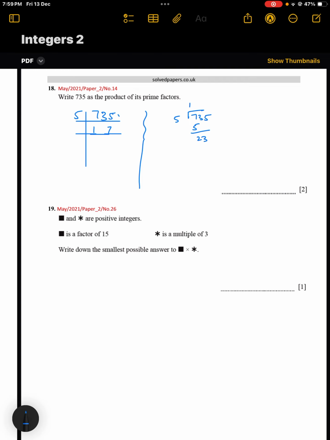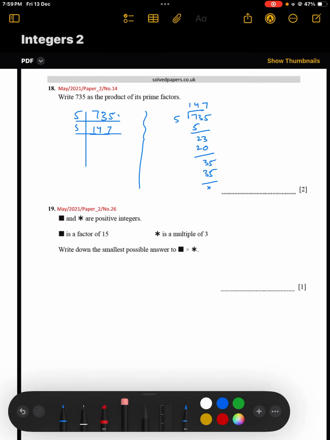Okay, got it. Done a mistake here. So this will be 147, and that 5 up above will come down, so 735 will be this. So we got 147. Now we cannot go with the table of 5 again.